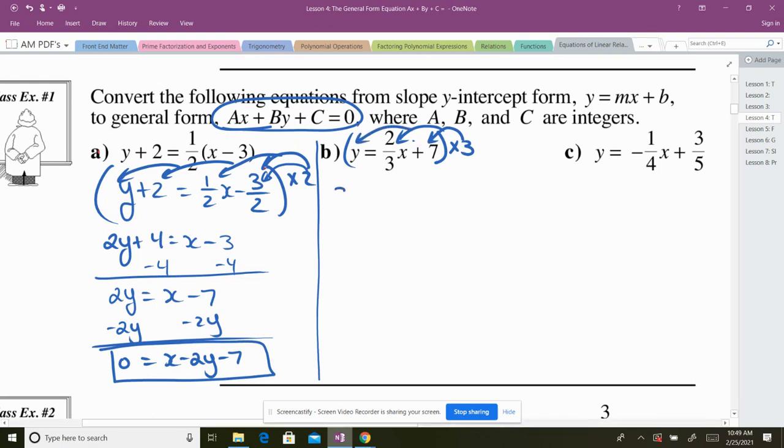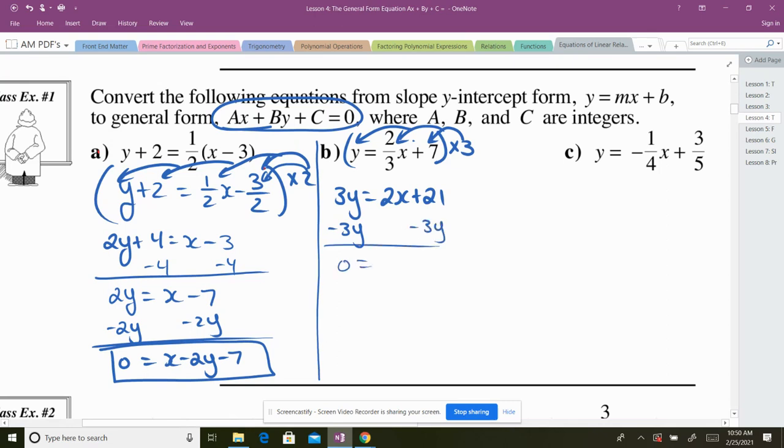3y equals what? What happens to the 3's? Yes, you get 2x plus 21. Yes, it has to equal 0, so subtract 3y. So minus 3y.